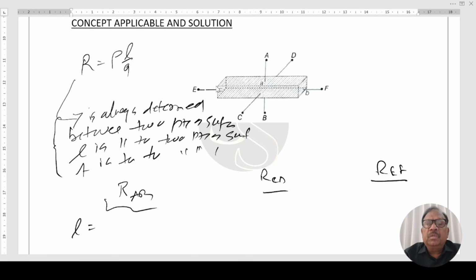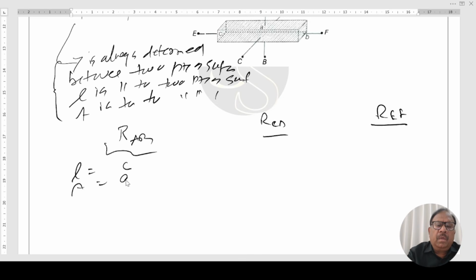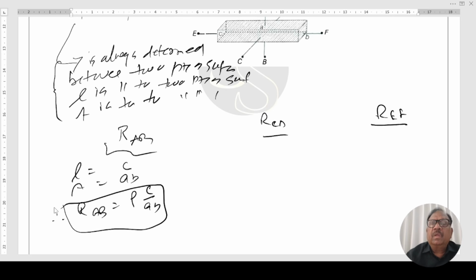Parallel to AB is C, so length will be C, area will be the remaining two sides, that is A into B. Therefore, resistance RAB will be equal to rho C upon AB. One is this answer.